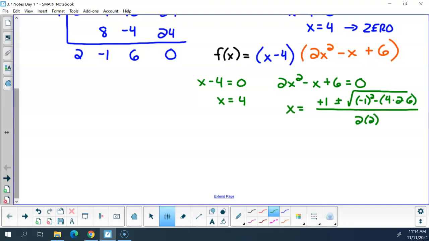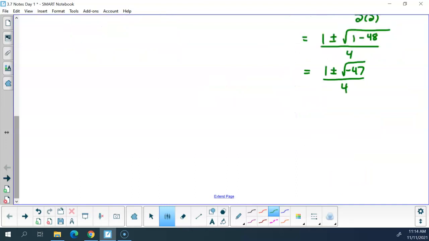Do it. Oh, what do we got? 1 minus 48, all over 4. Do I like the square root of negative 47?